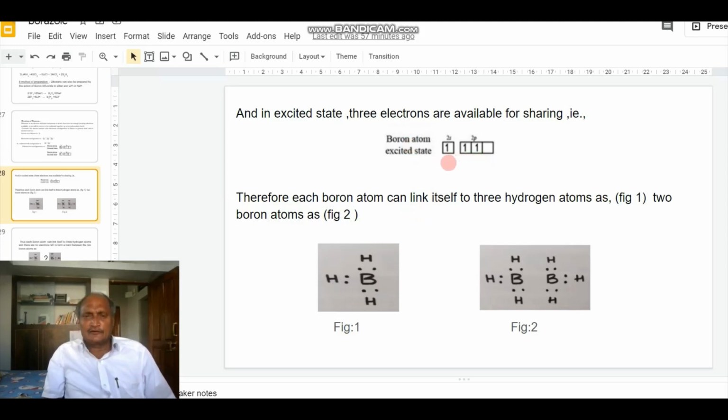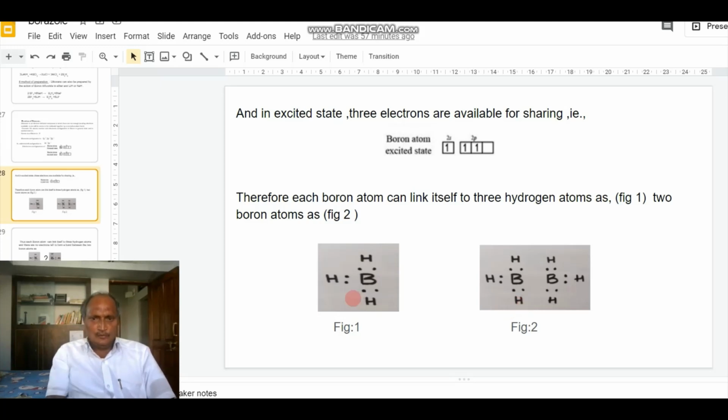These 3 unpaired electrons may combine with 3 hydrogen atoms as shown below in figure 1 and figure 2. Here, each boron atom can link itself to 3 hydrogen atoms.